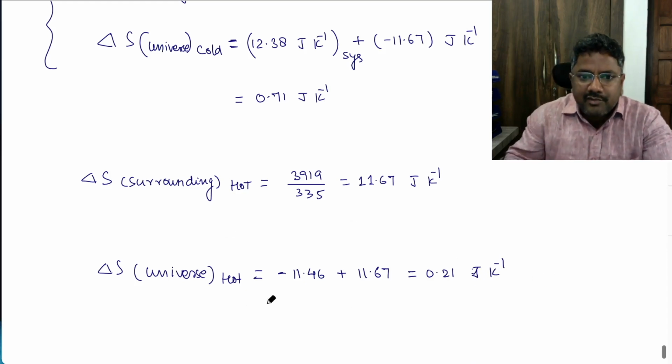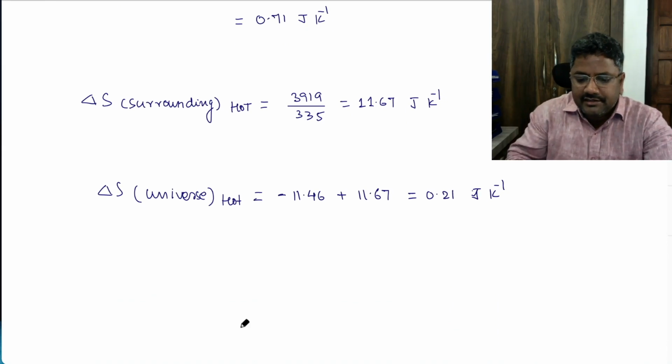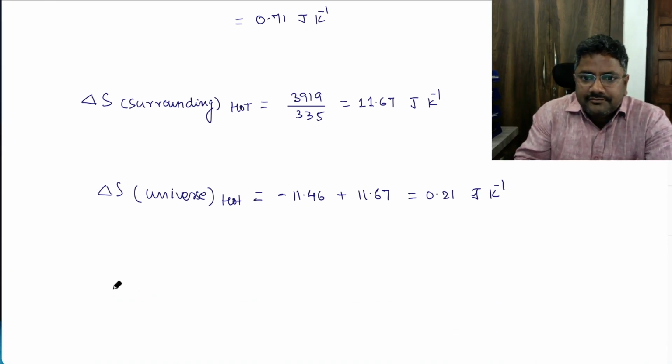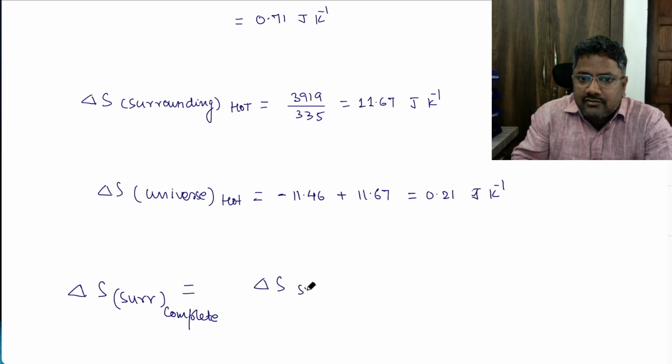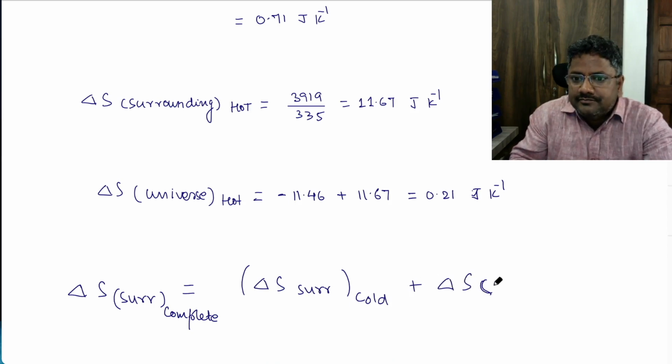So for the complete process, we can write delta S surrounding complete is equal to delta S surrounding cold plus delta S surrounding hot.